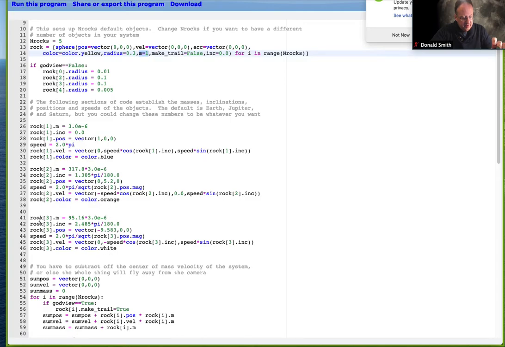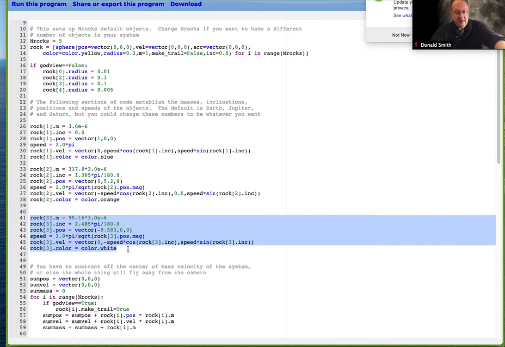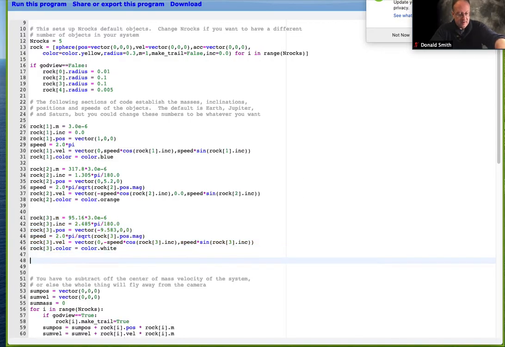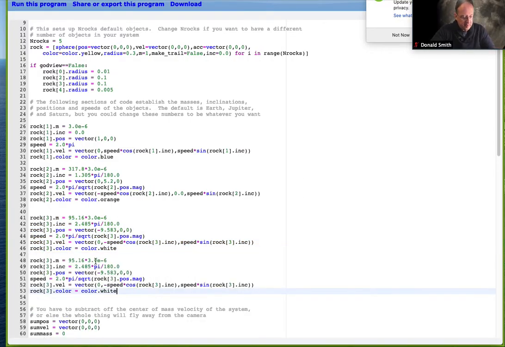And so I need to define all these things for Mars. Put them in. So Mars has about 1/10 of the mass of Earth. So I'm going to make that 10 to the minus 7 instead of minus 6.